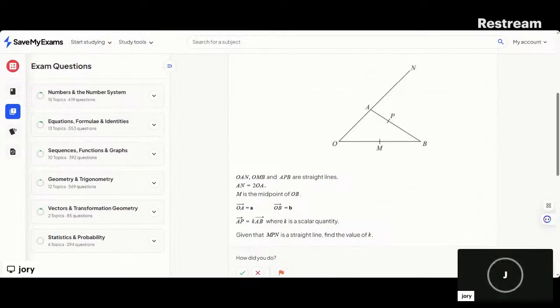Okay, so we have O, A, N, P, B, M, and we know OA is A and AN is 2A. That's all the given information, and OB is B. And we know NPM is a straight line.